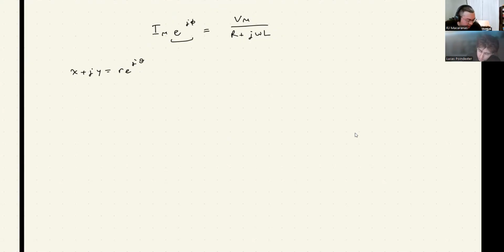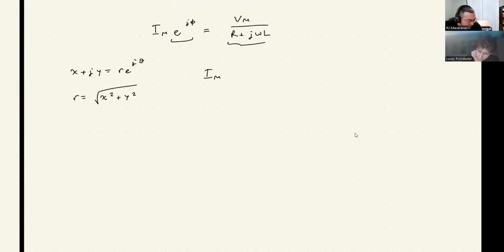What we want to do is take this complex part down here and turn it into rectangular coordinates, or this polar form. So this is going to be x squared plus y squared, and you take the square root.